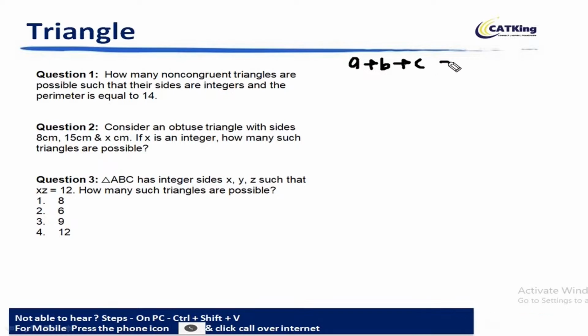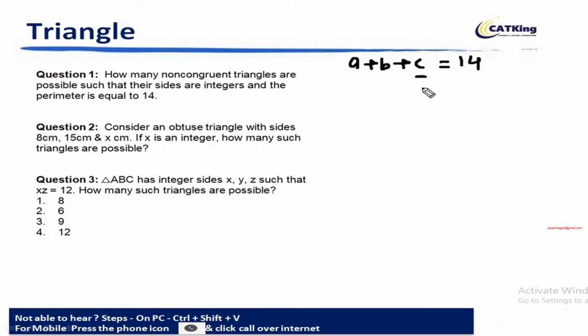This is given, this is the perimeter. Okay, so let's assume that c is the largest side. What can be the largest possible value of c?